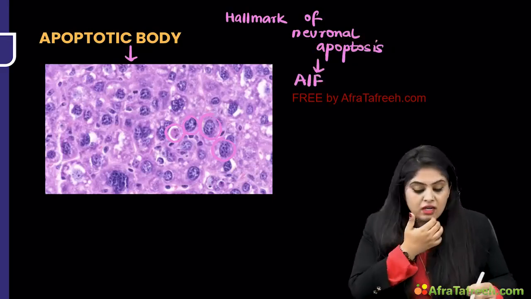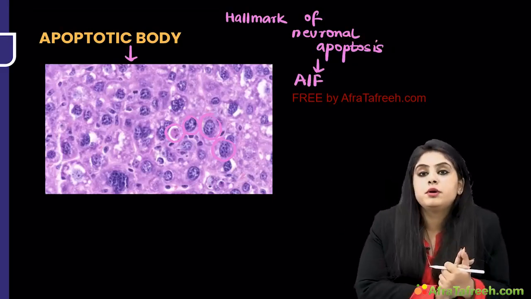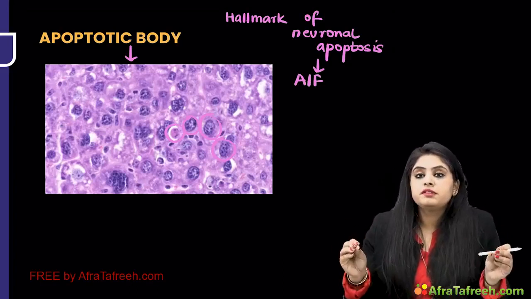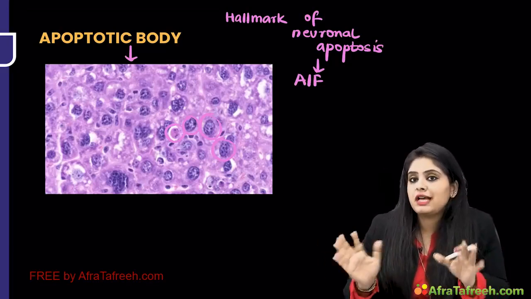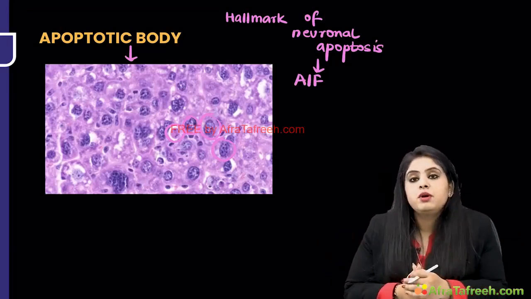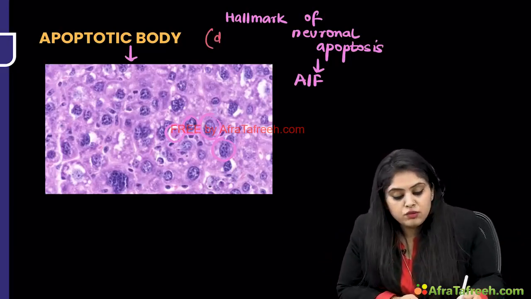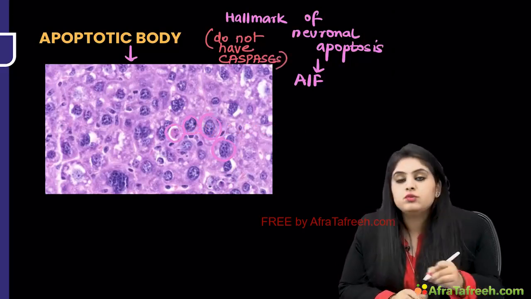Now, I'll tell you what was the main definition of apoptosis that I taught you. I told you apoptosis is caspase dependent. Caspase 8, 9, 10, 3, 6, 7, all about caspases. But the problem is that neurons do not have caspases. Big problem. God has not given any caspase to the neurons.